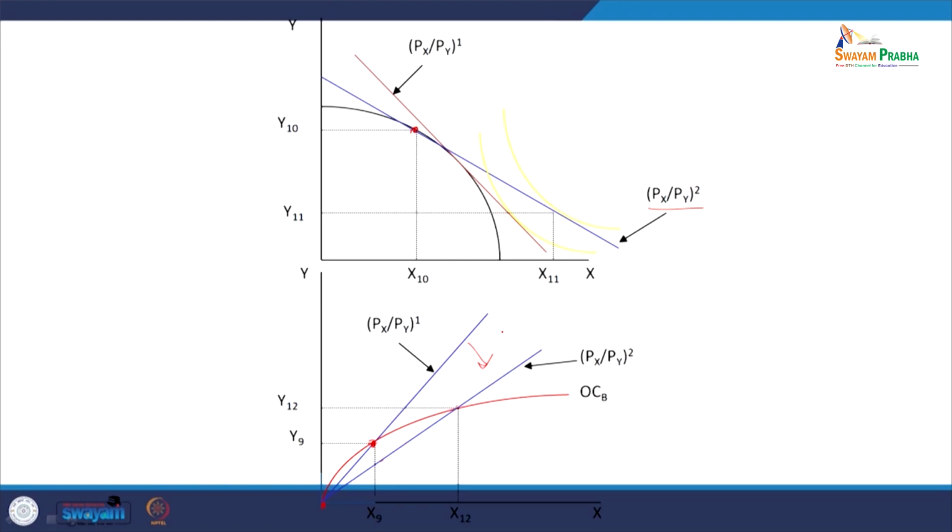We are emphasizing that Px by Py falls for country 2. So, the ratio falls and we land at a new equilibrium point. Now, if all the points are connected again, it is just the reverse and we arrive at the offer curve for country B.